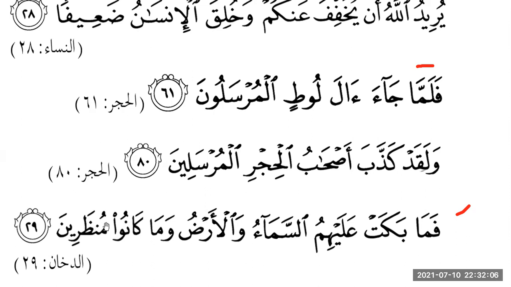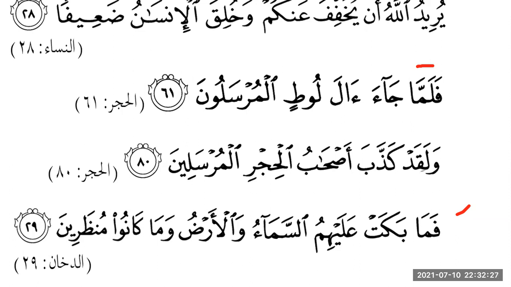So wamakanu is and not they were, and they were not given a respite. Mundarin are those people who might be given a little time before the torment, but they are not given any delay.